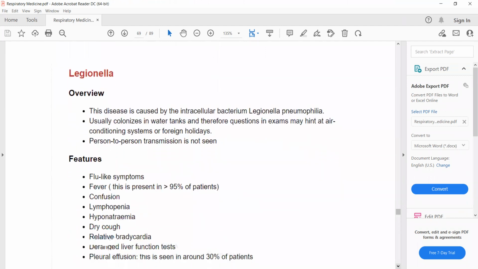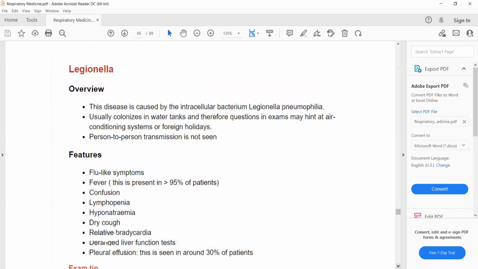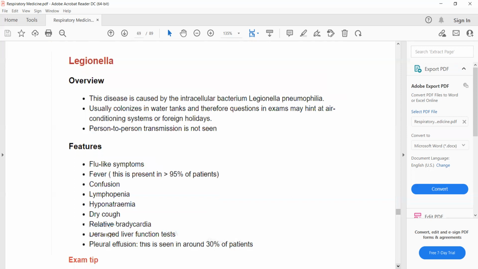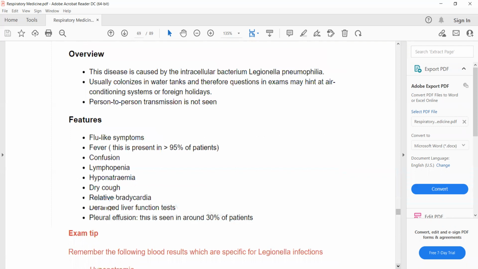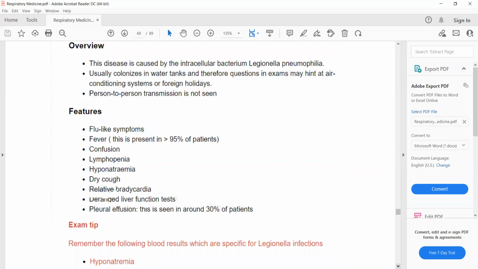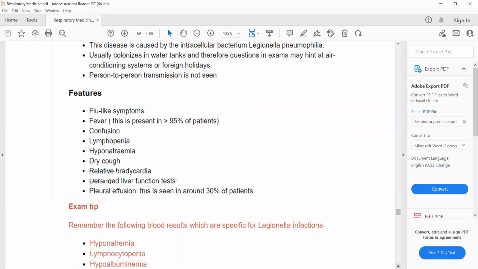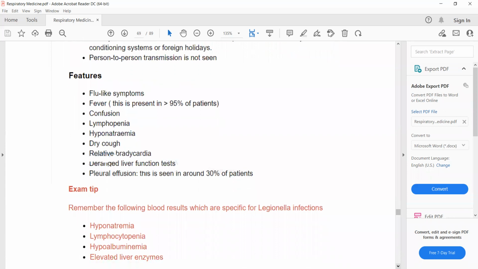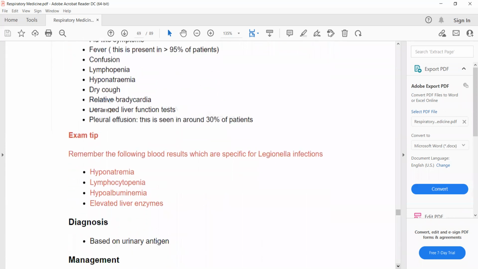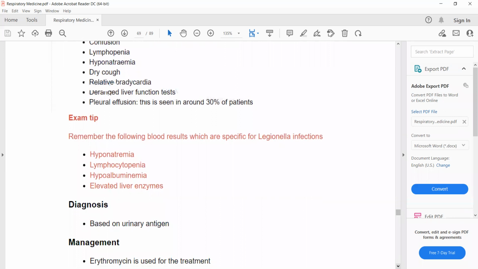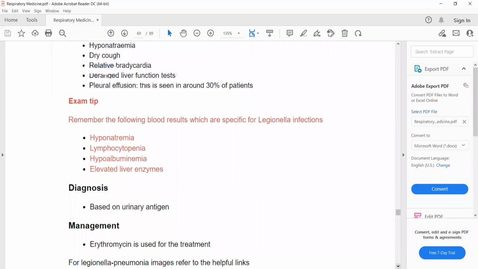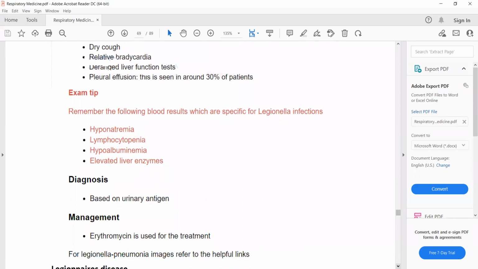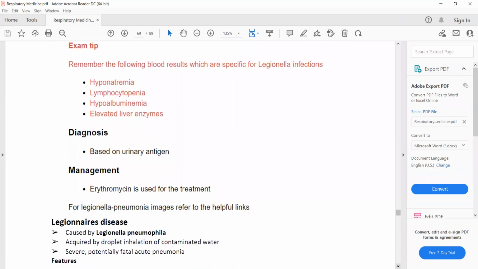Hints for Legionella are a stay in a hotel room, exposure to water sources, hyponatremia, lymphopenia, and atypical signs and symptoms such as dry cough. So remember these 4 points: hyponatremia, lymphocytopenia, hypoalbuminemia, and elevated liver enzymes. They are the features for Legionella pneumophila.